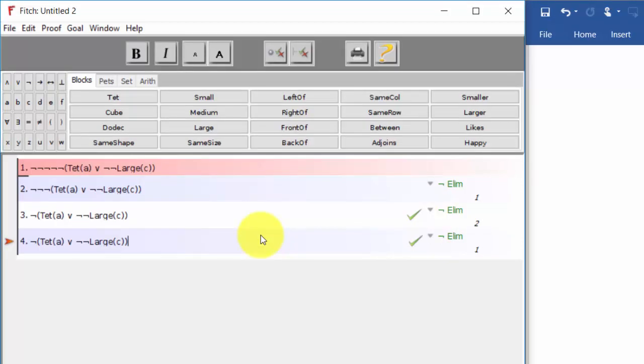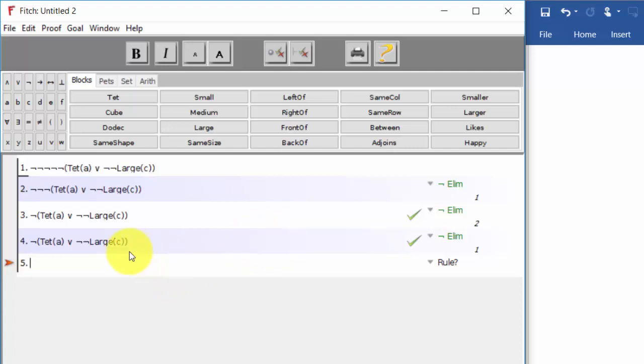All right, so looking at 3 and 4, whichever we decide to use, you might think that by using negation elimination, you could end up with the following proposition.